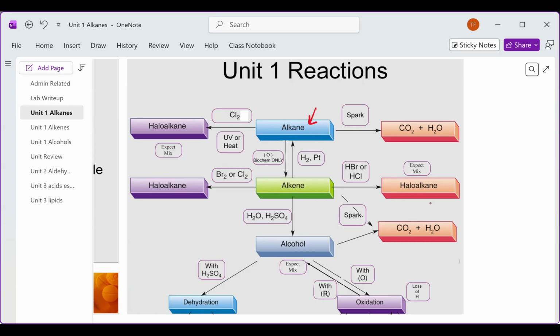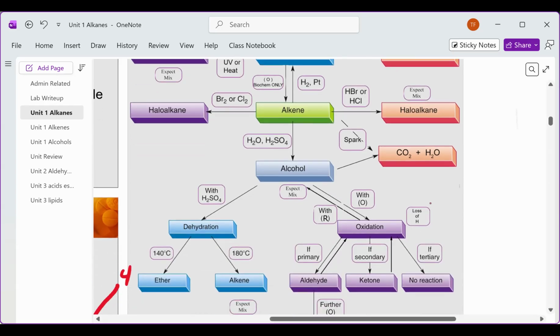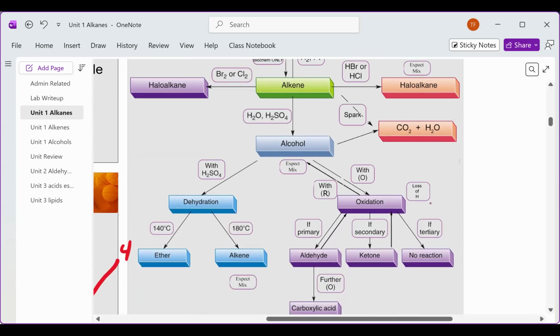Alkenes have a double bond, so they have many more reactions, 4 of them, 5 of them if you count combustion. Alcohols have 1, 2, 3, 4, 5, 6, 7, 8 reactions, and 9 if you count this aldehyde to an acid.